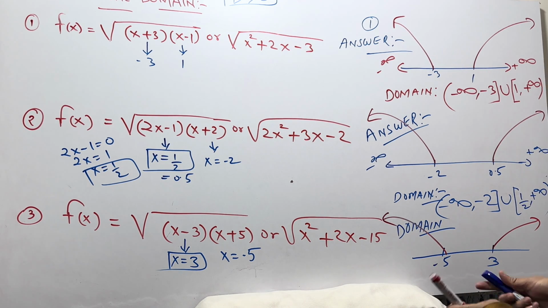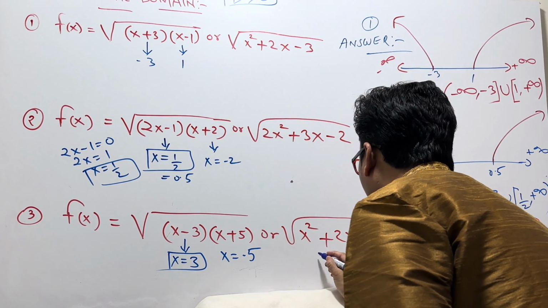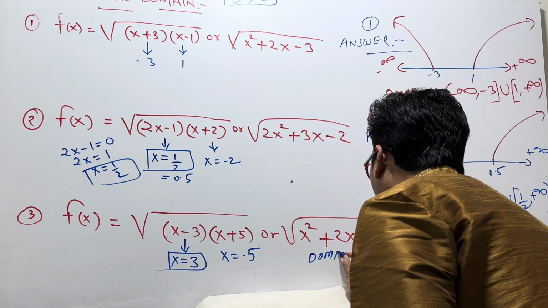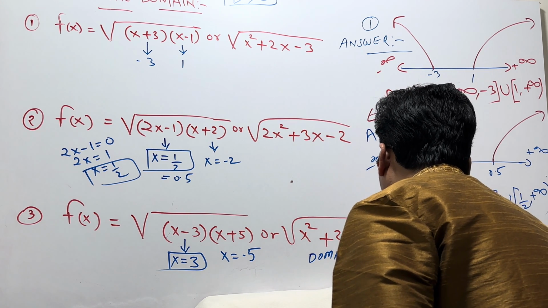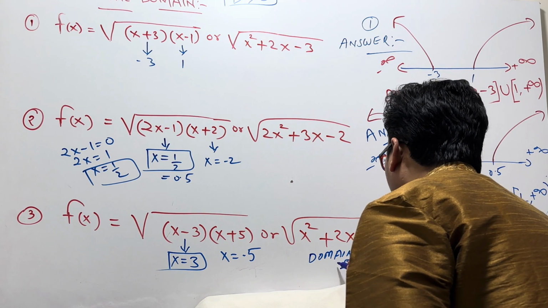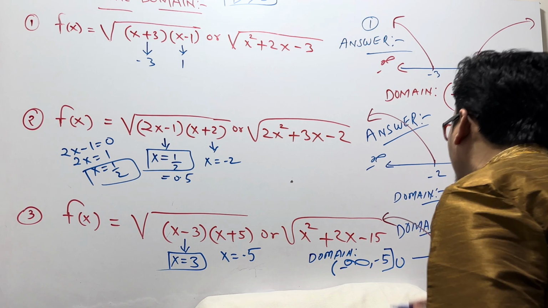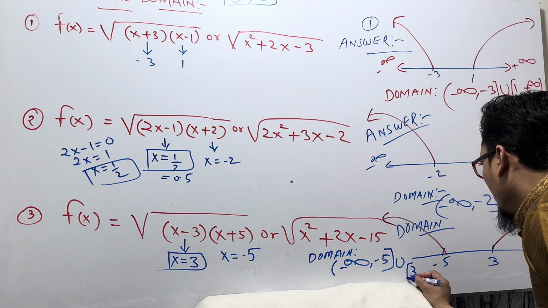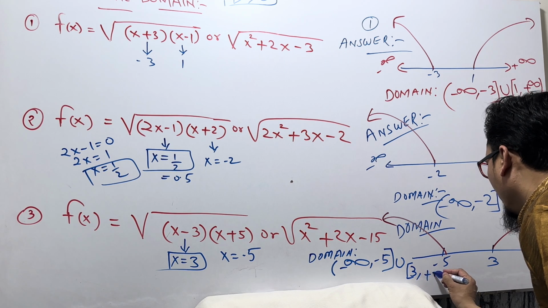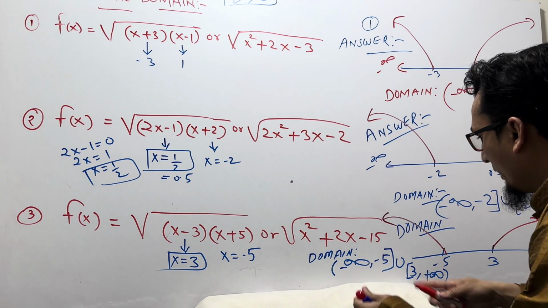So the domain, I'm going to write down here. D for domain must be from minus infinity to minus 5. For this one, open bracket. For this one, close bracket. And union, and from 3, use the close bracket to positive infinity. This is the domain of question number 3.